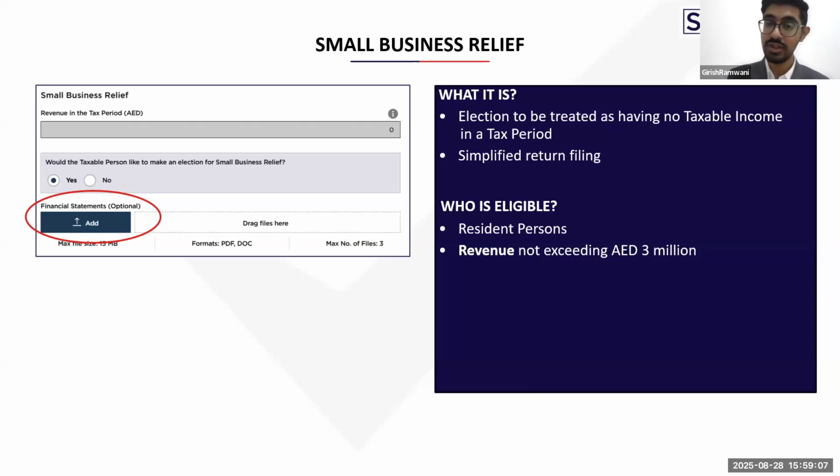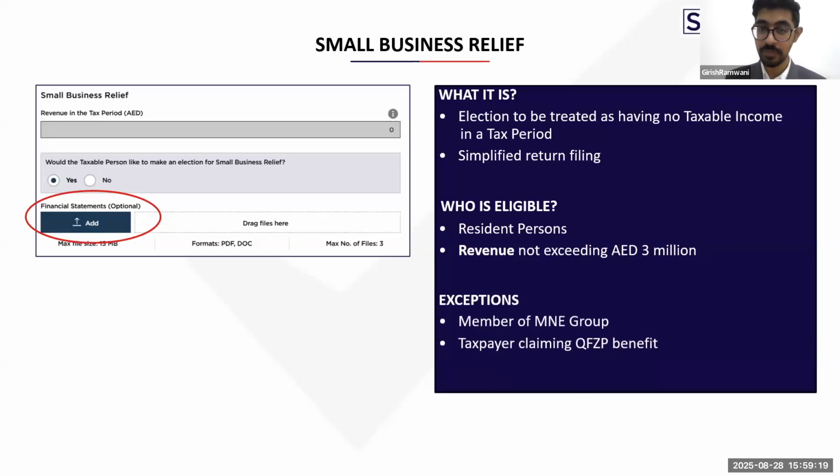This is available only for resident persons, that is, companies who are incorporated in UAE only. Any non-resident person cannot avail this. Then the second thing is that your revenue should not exceed AED 3 million. Now, there are certain exceptions who cannot avail: people who are a part of an MNE group, or second, if you are claiming the QFZP benefit.